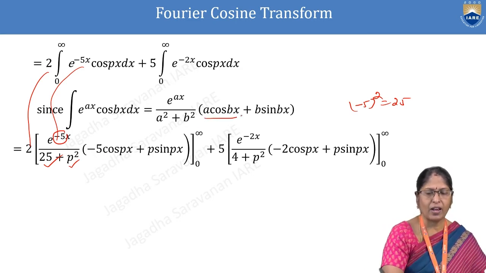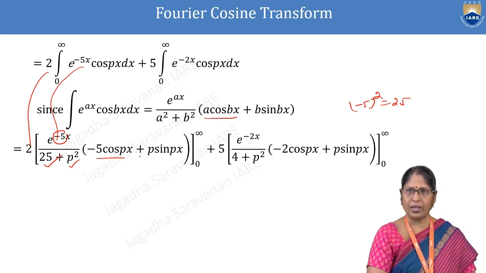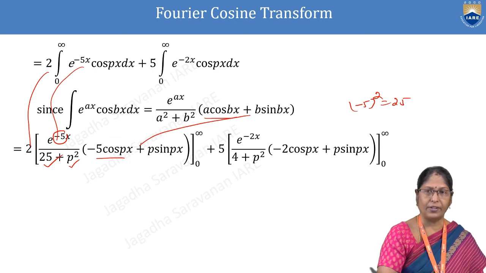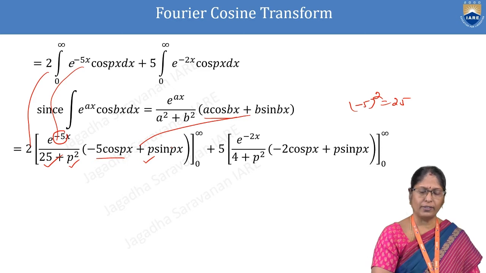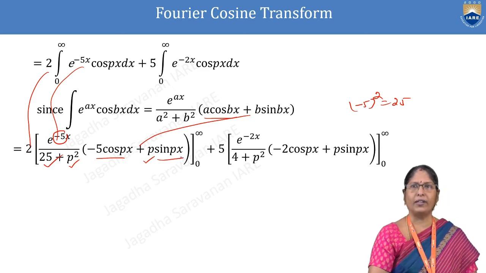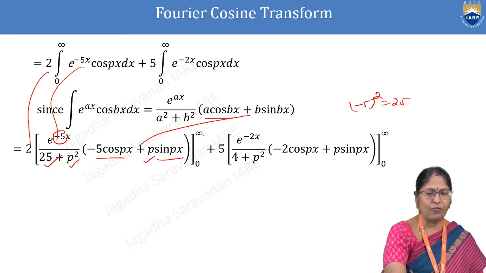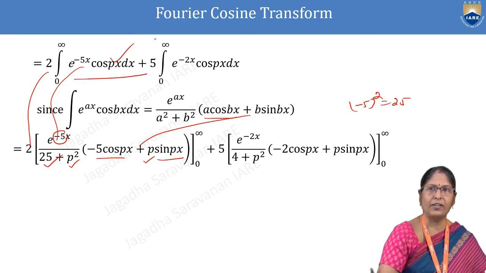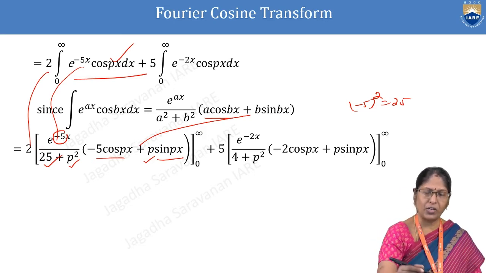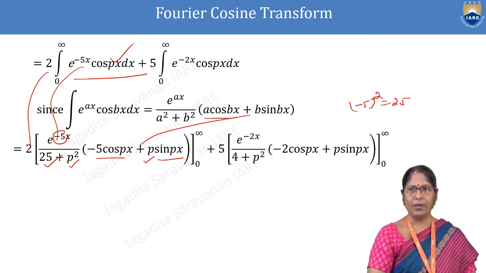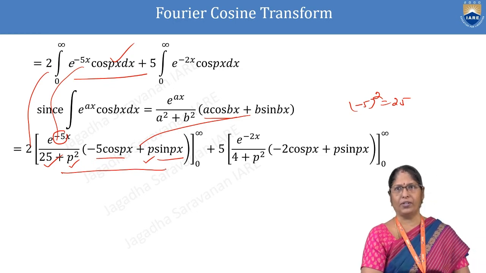Here a cos bx is minus 5 cos px, plus as it is, our b is p, sin bx is sin px, from 0 to infinity. So the first integral we completed applying this formula, comparing what our a and b are.